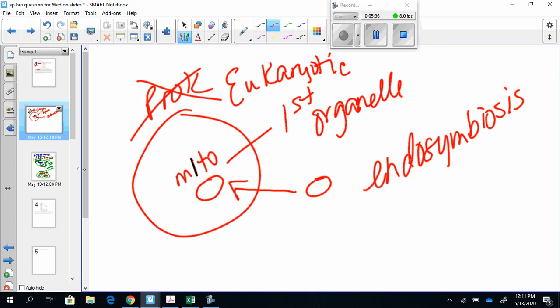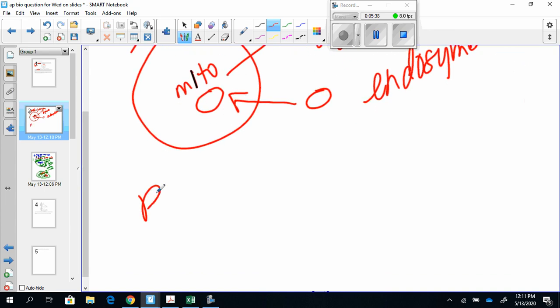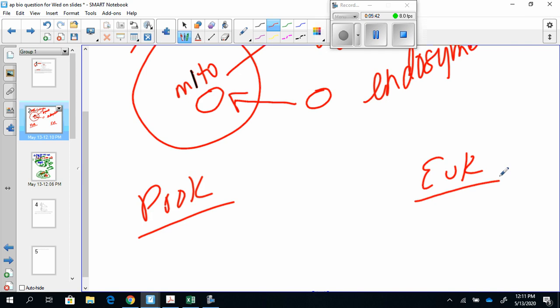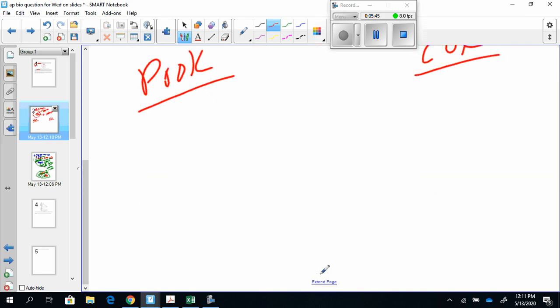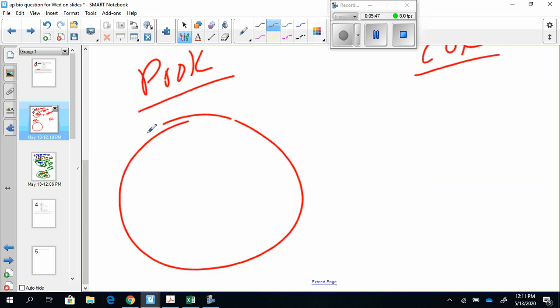All right, let's talk about the DNA. If I had a prokaryotic cell versus a eukaryotic cell, how is the DNA different? So a prokaryotic cell, first of all, there's no nucleus. You just have one little circular piece. So it is one single circular chromosome.